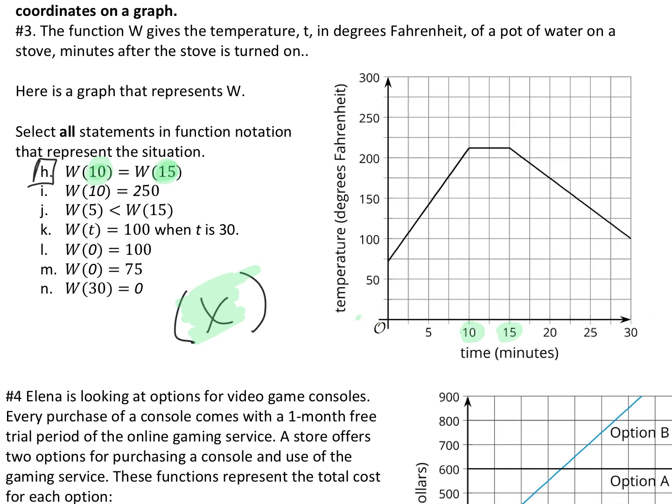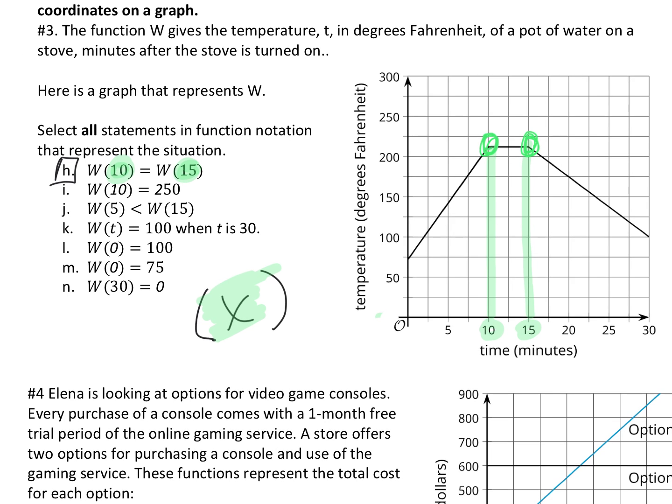So there's my two places where x equals 10 and 15. And if I travel up to the graph in both places, I see that the graph is at the same location, right here in the same place. So that tells us that W of 10 and W of 15 are equal to each other.